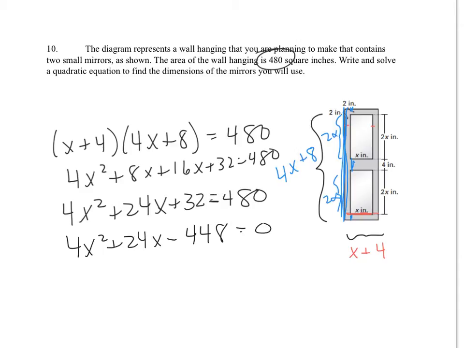Okay, and this is a situation that we can probably factor. I'll take out the greatest common factor first to make it easier on ourselves. x squared plus 6x minus 112 equals 0. So now we need to come up with the two things that multiply to negative 112 and add to 6.